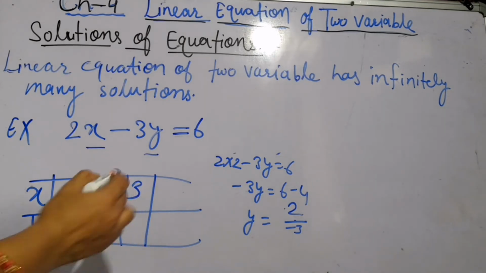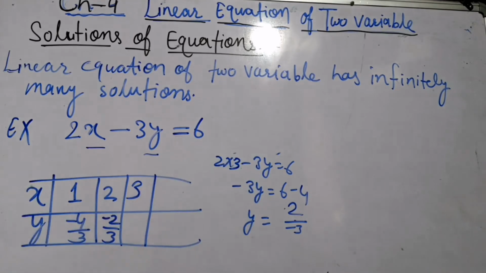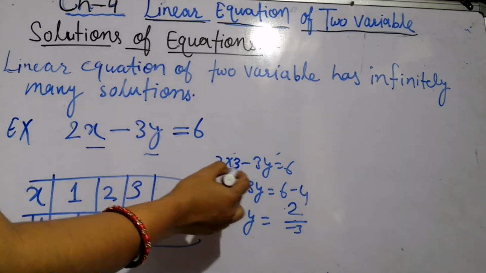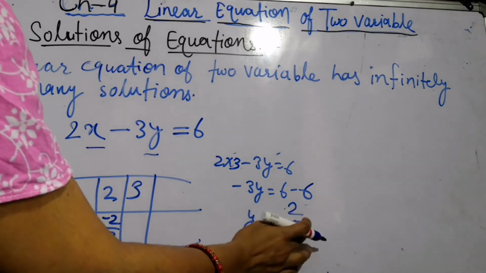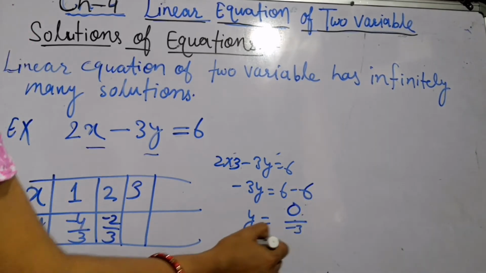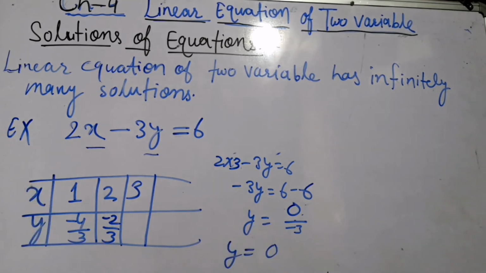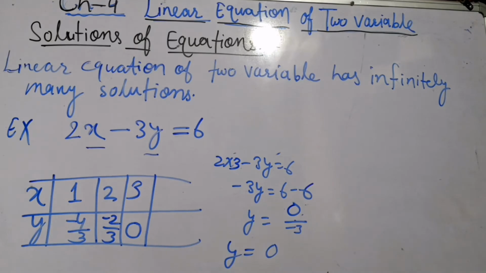If x is equal to 3, then in the place of x you put 3. Then 3 times 2 is 6, and 6 minus 6, that means y is equal to 0 by minus 3, that means y is equal to 0. That's why we can say a linear equation in two variables has infinitely many solutions.